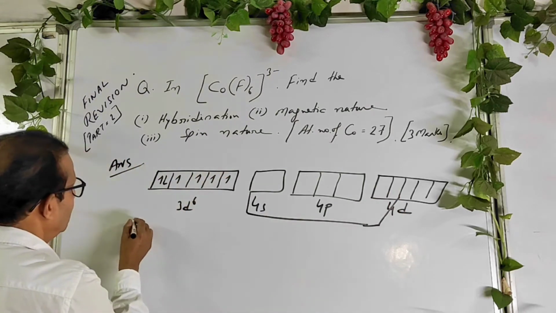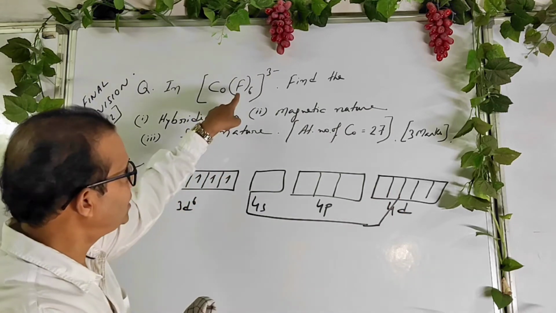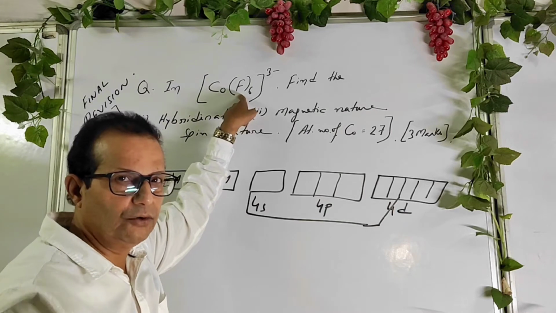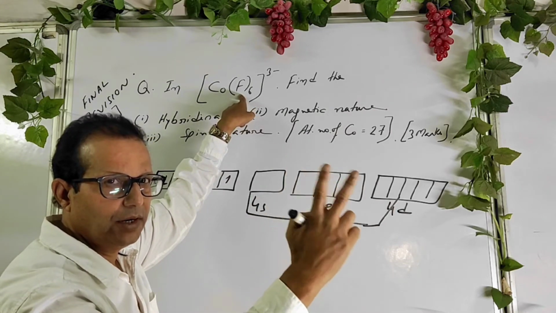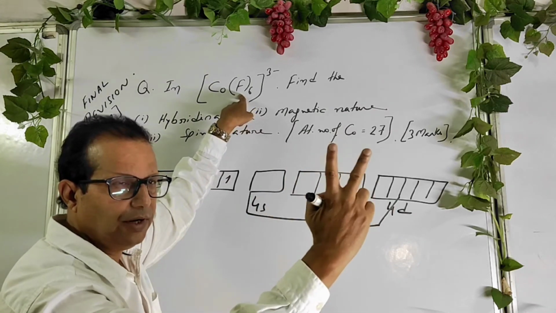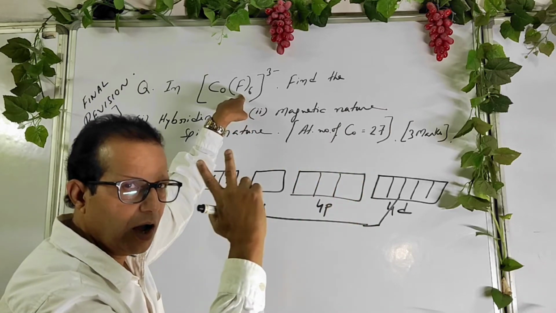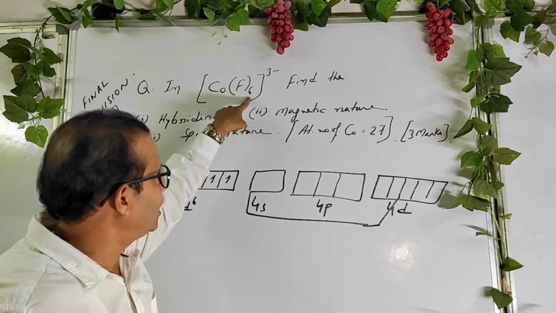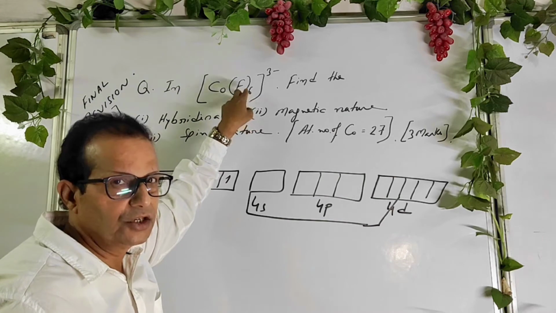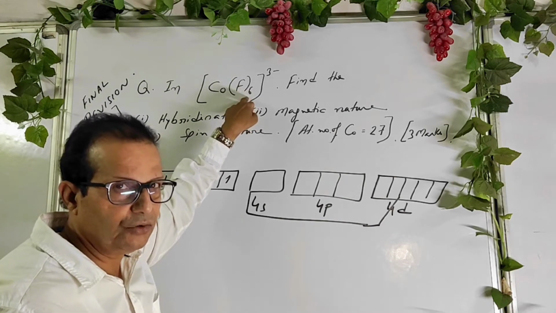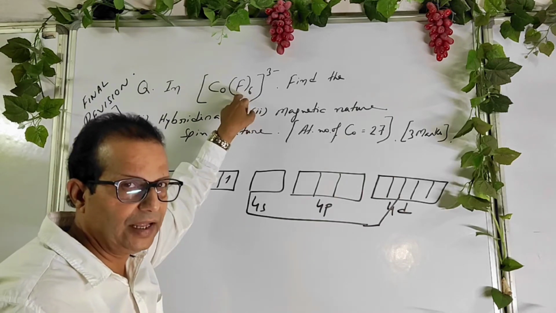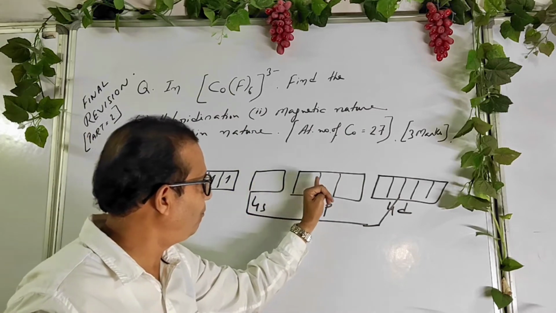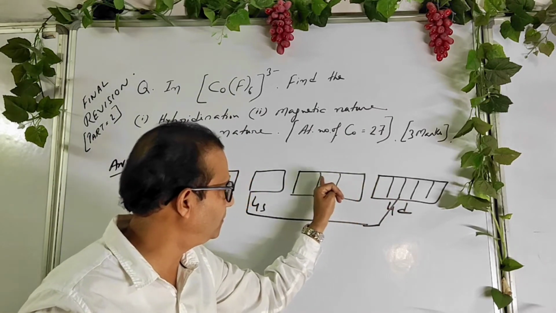Now you know that each ligand donates 2 electrons to form a coordinate bond. So there are altogether 6 ligands. So 6 into 2, that is 12 electrons we get from the ligands. That is filled up here.